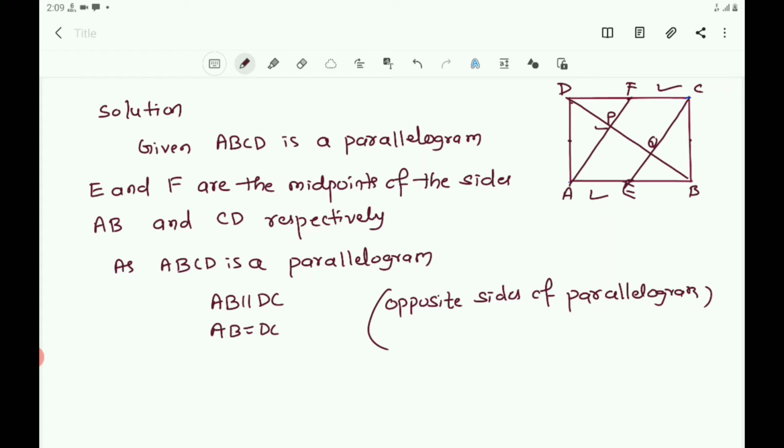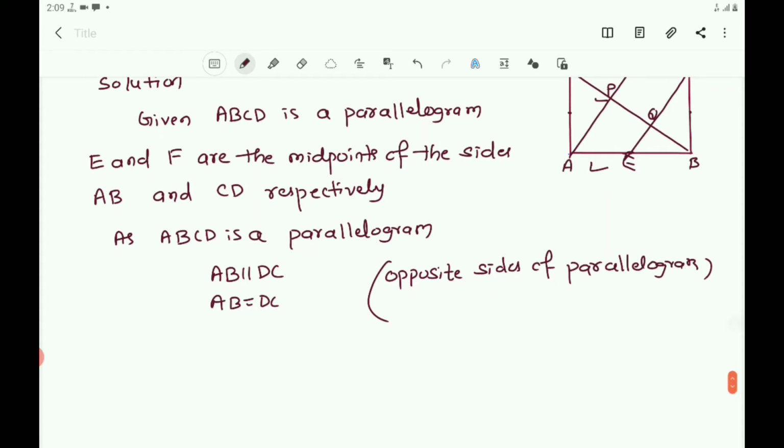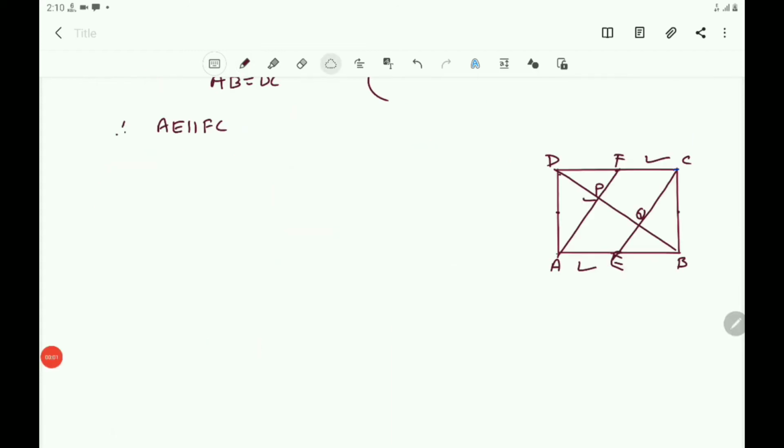Therefore AE parallel to FC and also AE equals FC, because they are half of AB and half of DC, as half of AB equals half of DC.